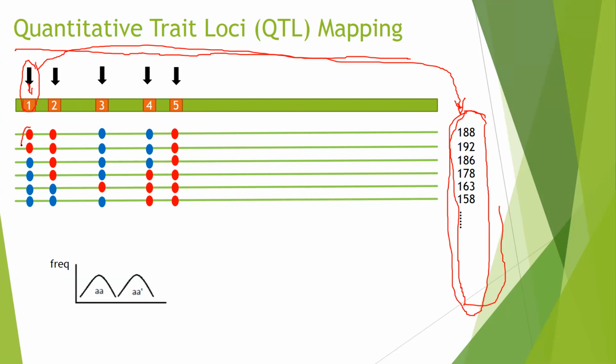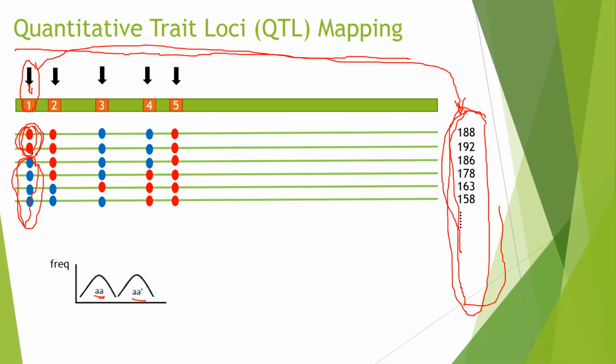The red represents one genotype, let's say homozygous AA, and the blue represents the other genotype, heterozygous AA prime. These two genotypes will divide the entire sample into two subgroups, right? One subgroup is represented by red dots, and the other by blue dots.